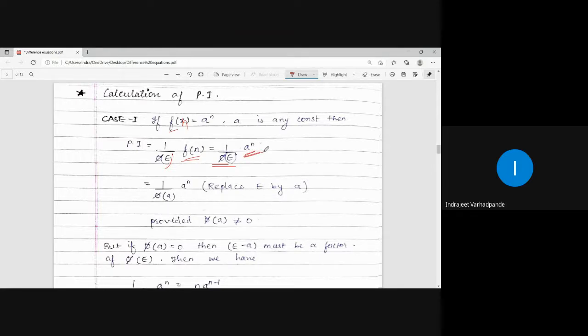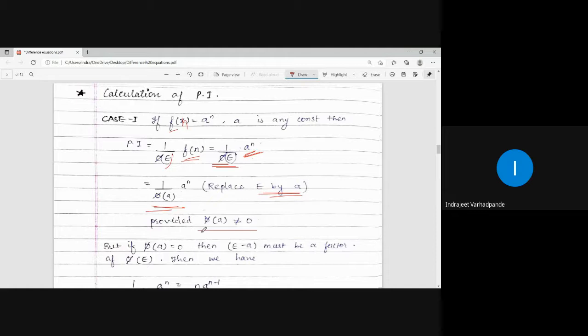In this case, the rule says to replace E by a. Whatever the operator form for the given difference equation, as per the definition it is 1 upon phi of E multiplied by a to the power n. Every E present in the denominator shall be replaced by a. So it becomes 1 upon phi of a multiplied by a to the power n, provided the denominator should not be 0.